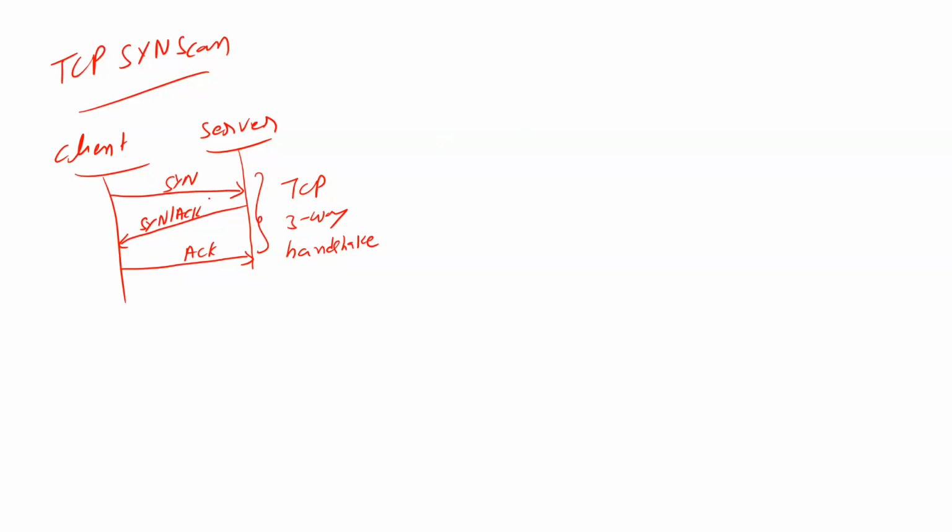hackers are using these messages, the TCP messages, to see if an IP address is available or not, and if a port is open or closed. So what they do, they try to send, say, a TCP SYN message to a server. Now let's say, for example, the server has an IP address something like 192.168.137.220 on port number 80.